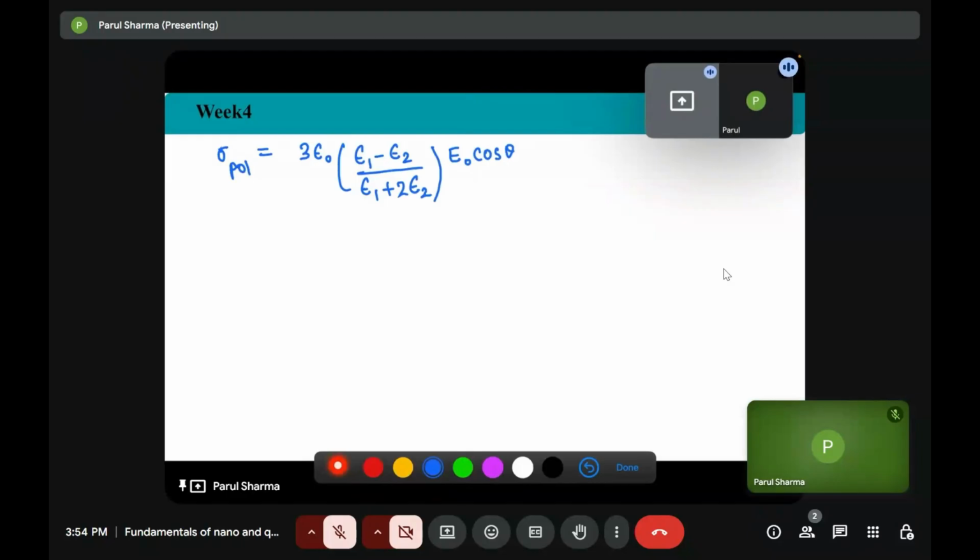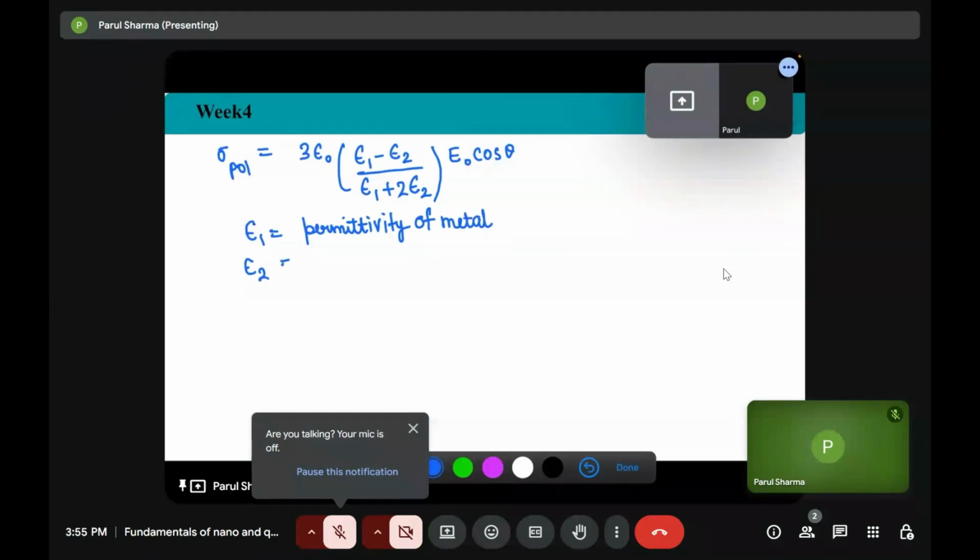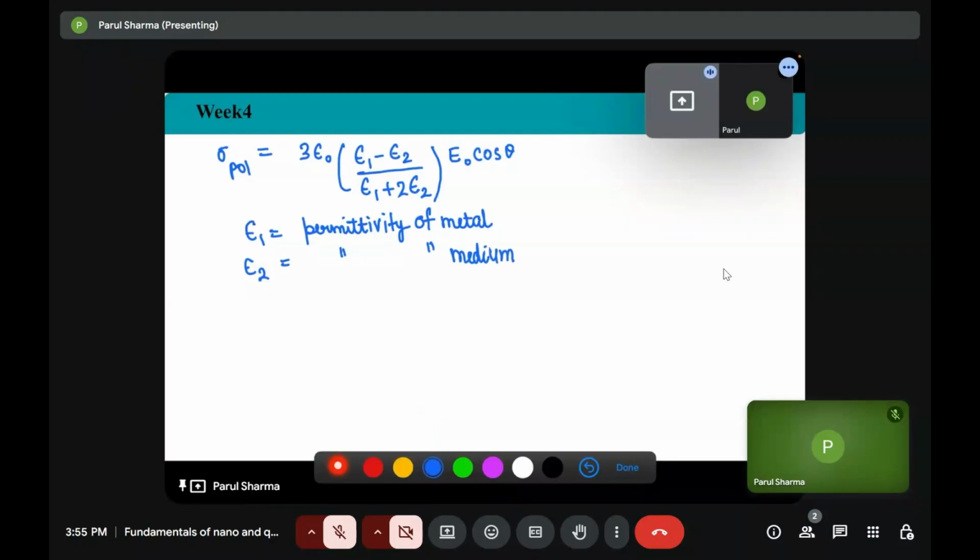This is very important and we have several problems regarding this, where epsilon 1 is the permittivity of the metal and epsilon 2 is the permittivity of the medium, and here E naught cos theta.